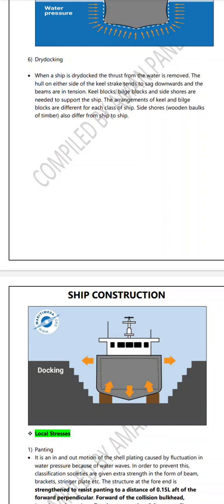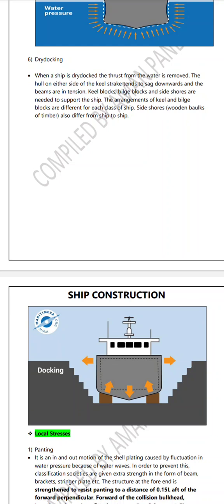I repeat, when a ship is dry docked, the thrust from the water is removed. The hull on either side of the keel strake tends to sag downwards and the beams are in tension.